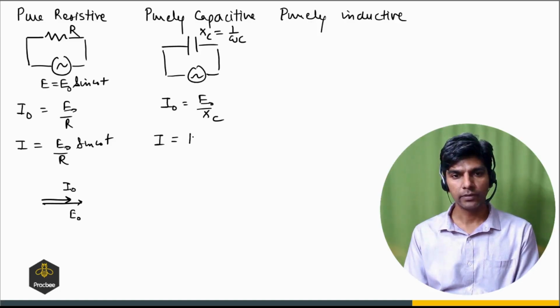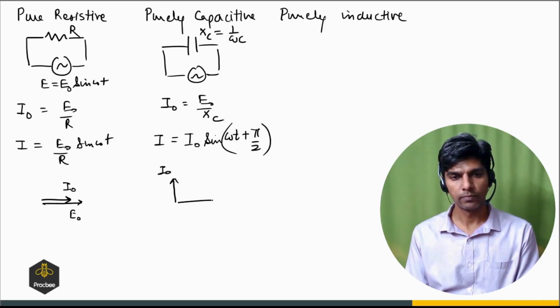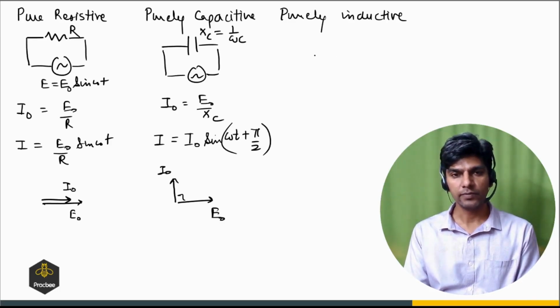So this will be I naught sine omega t plus pi by 2. And in this case the current is leading the voltage by pi by 2.